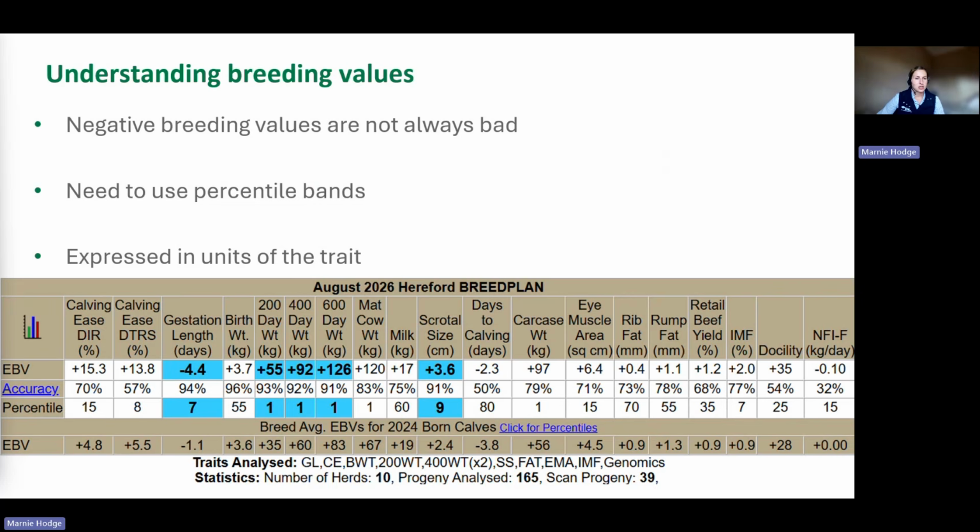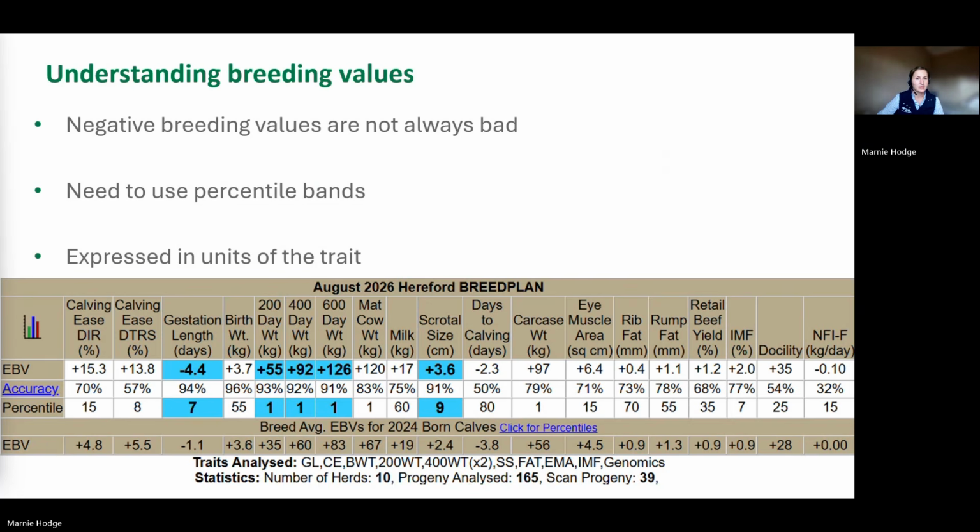If we have a look at gestation length, which is the third trait in from the left-hand side here, that particular bull has an EBV of minus 4.4 for gestation length. And it's actually showing us that that's in the top 7th percentile for industry. So the EBV value is important, but also where it sits relative to industry is really important to think about.